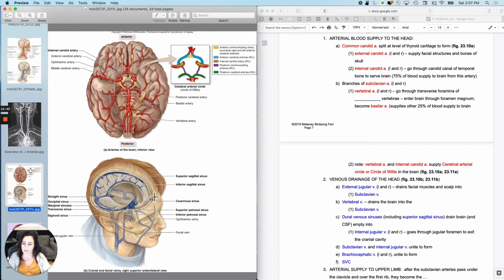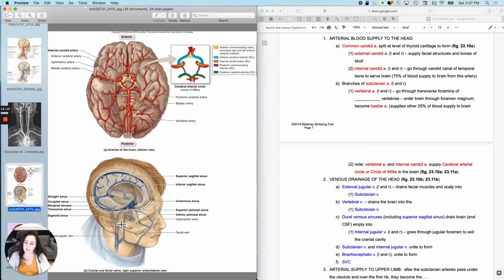These are the dural venous sinuses. Yes, you learned them before, and the dural venous sinuses are responsible not just for draining cerebrospinal fluid from the brain, which is how you learned them before, but also for draining blood from the brain after you have removed the oxygen and nutrients that you need from it. And so this is the superior sagittal sinus and the inferior sagittal sinus, the straight sinus, transverse sinus, all going into the sigmoid sinus.